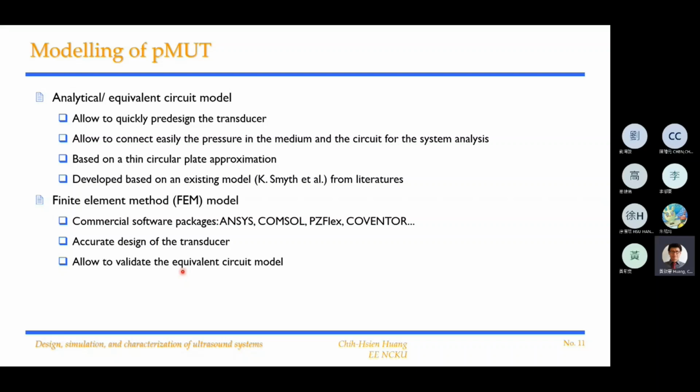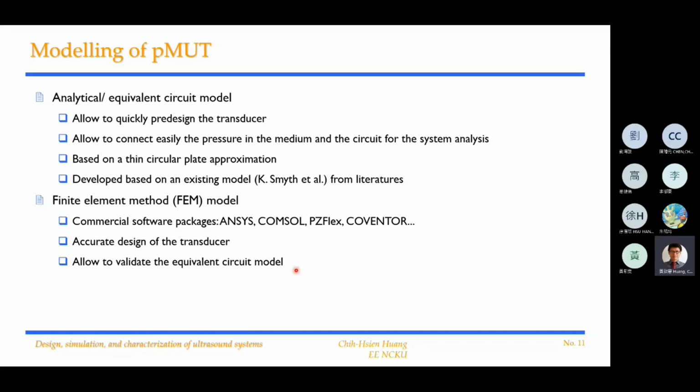But once you have the result and it compares well with the equivalent circuit model, we can use the circuit model later instead of running FEM every time. Then we can replace FEM with the equivalent circuit model for a quick design. In the final stage, after we come up with a quick design, we can use FEM to double check if it's correct or not. Then it will be much faster compared to starting with FEM all the time.